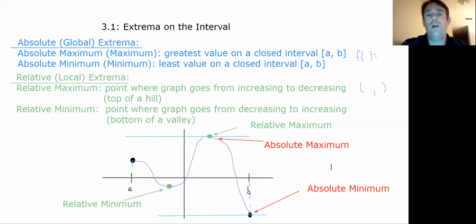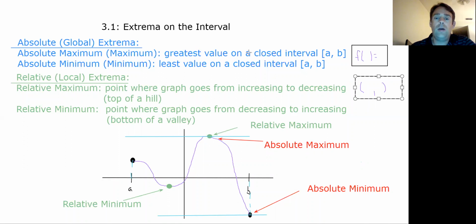Relative extrema, relative maximum, relative minimum, graphs can have multiple of them. Anytime the graph changes direction, you're going to have either a relative max or a relative min. So we can have multiple of those as well. Remember, for absolute extrema, we always write it as a function value, and relative extrema, we write as a point. Absolute extrema are always going to be on some closed interval.